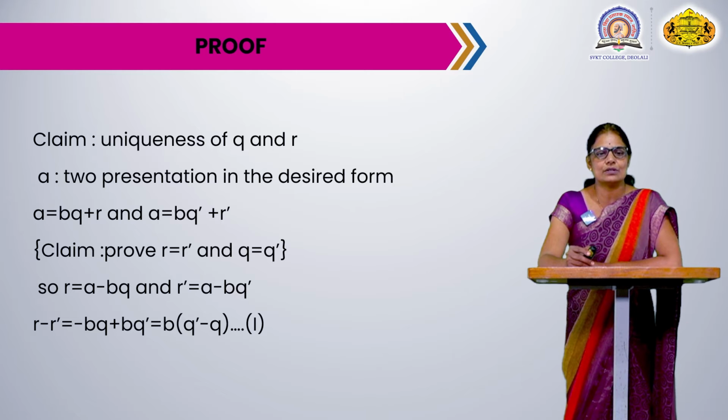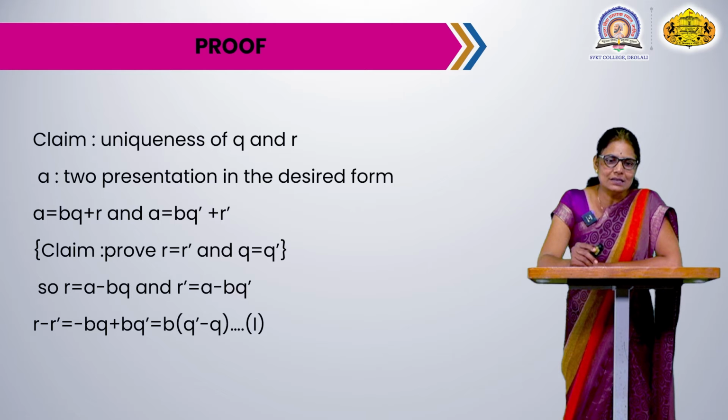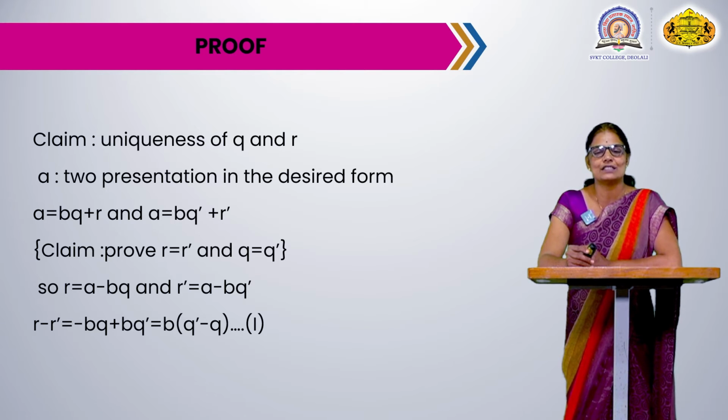Subtracting these two equations, first of all a gets cancelled, and r minus r dash is the same as minus bq plus bq dash. Taking b as common, the remaining is q dash minus q. Denote this equation as 1. So remember, here r minus r dash is the same as b times q dash minus q.